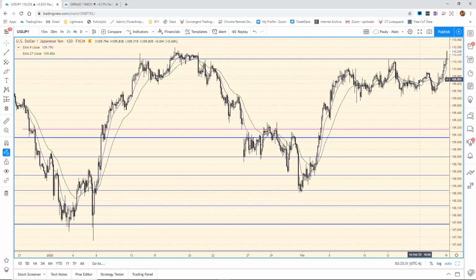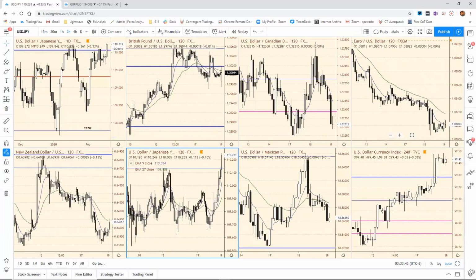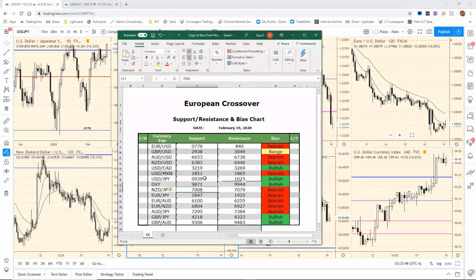Yeah, let's go with 985. Quite the turnaround here for the dollar yen.